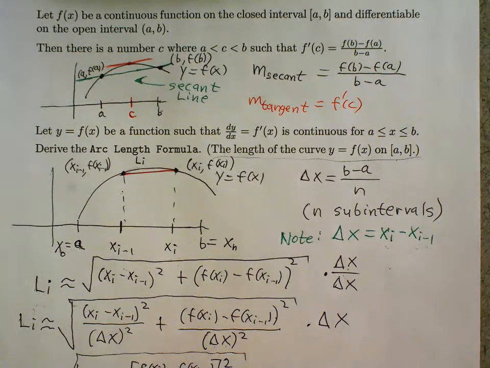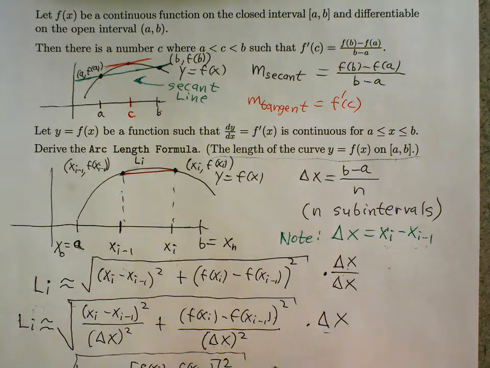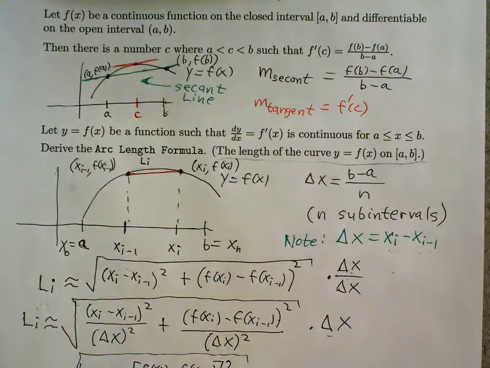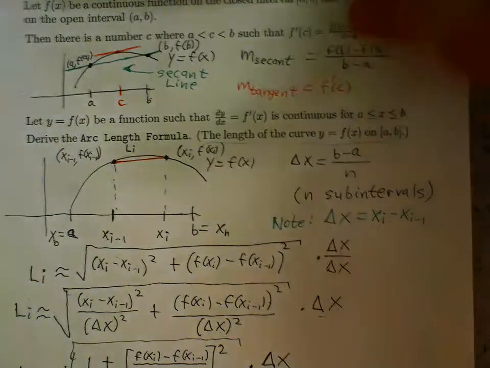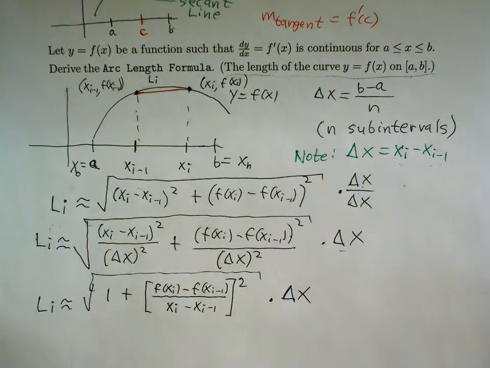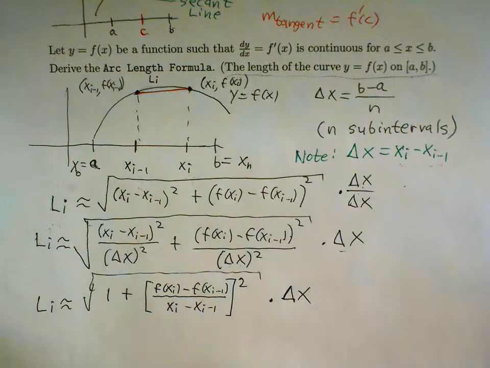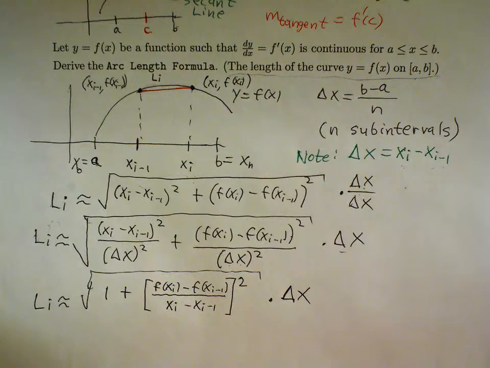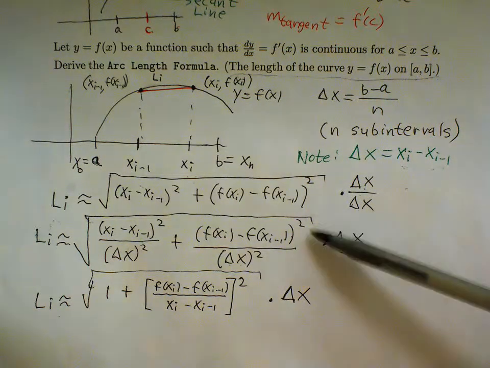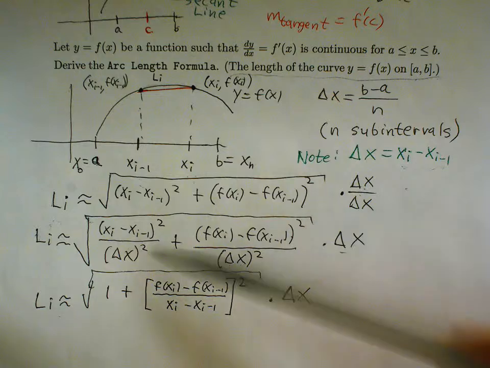And remember, we still have a delta x on the outside. So this bottom line is just what we get when we simplify the line above it inside the square root.